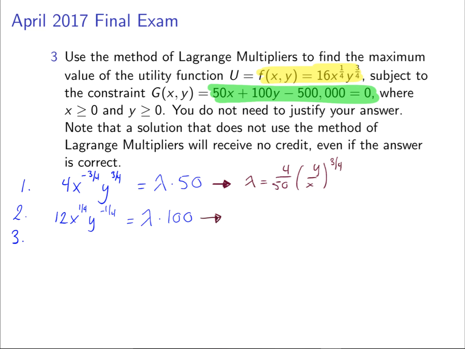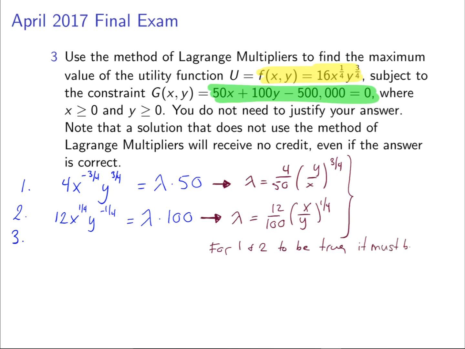Similarly, it is never the case that g sub y is equal to 0. So I can definitely divide by g sub y. Lambda must be equal to 12 over 100 times x over y to the 1/4. So in order for both 1 and 2 to be true, it must be the case that this lambda is the same number.